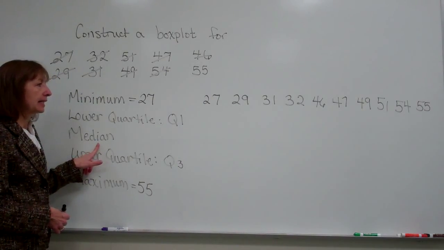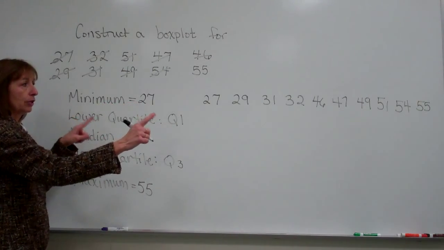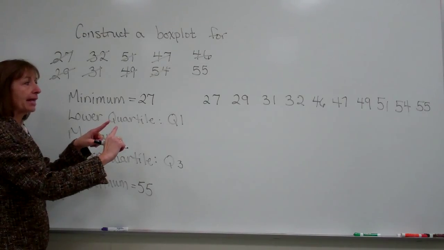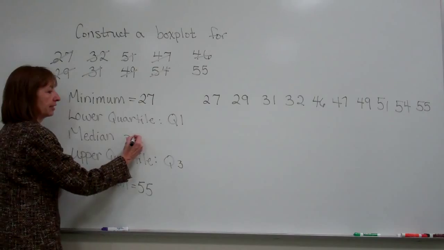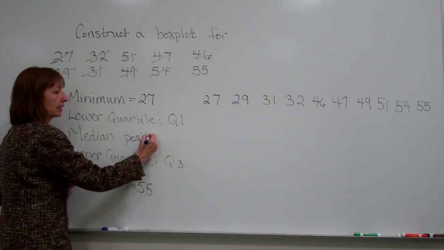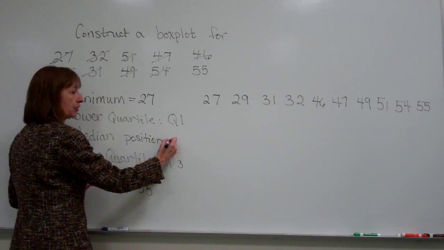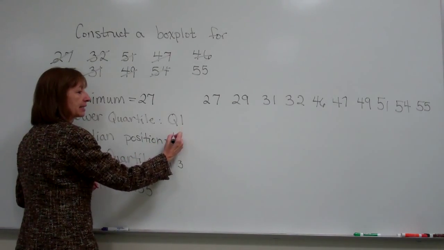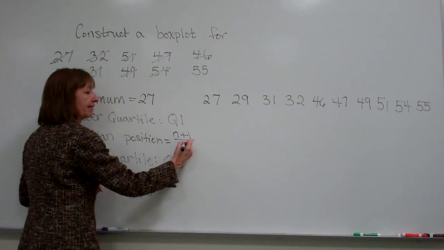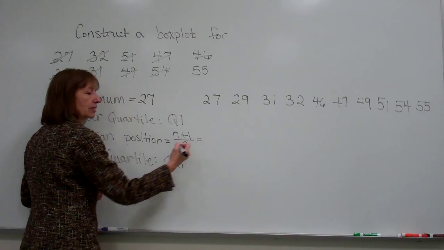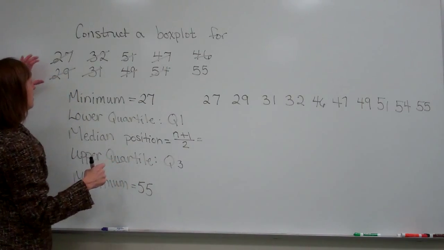For the median, with a smaller data set, we can just work inside from both ends to the middle data value, or we can find its position and then find the number that sits in that spot. The position of the median is to take your number of data values n plus 1 and divide that by 2. That tells you the slot to look for your number. Now here I have 10 data values.